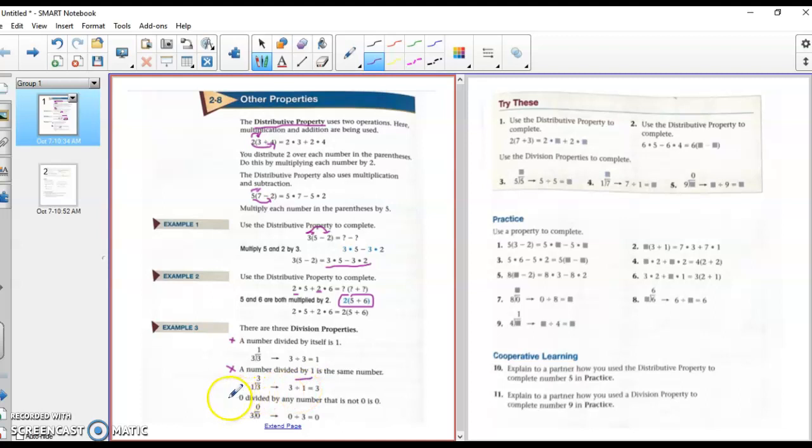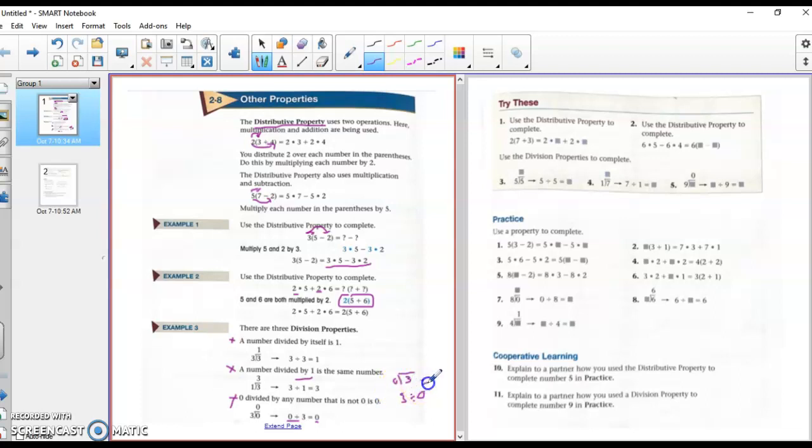And then the third rule down here is 0 divided by any number that is not 0 is 0. 0 divided by 3 is going to give you 0. If it looks like this or if it looks like this, it's still going to give you a 0. Now, while I'm here, if you ever see this, if they put 0 on the outside of a division problem, and we are doing this in our algebra class right now, if you had that, or if you had 3 divided by 0, this is not 0, okay?